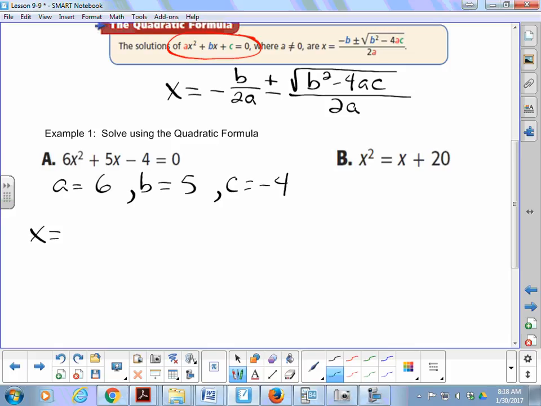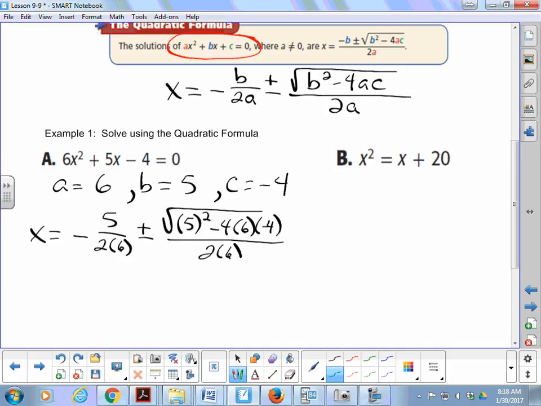So x equals negative 5 over 2 times 6 plus or minus the square root of 5 squared minus 4 times 6 times negative 4, all over 2 times 6.